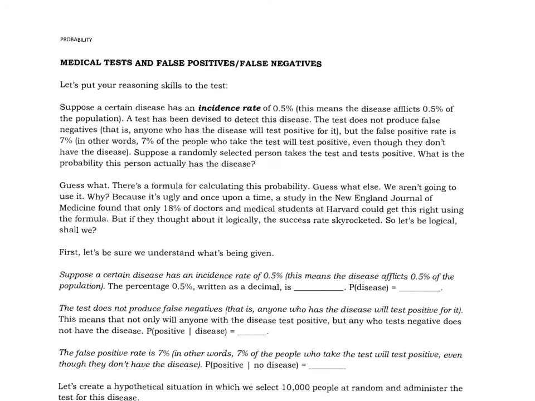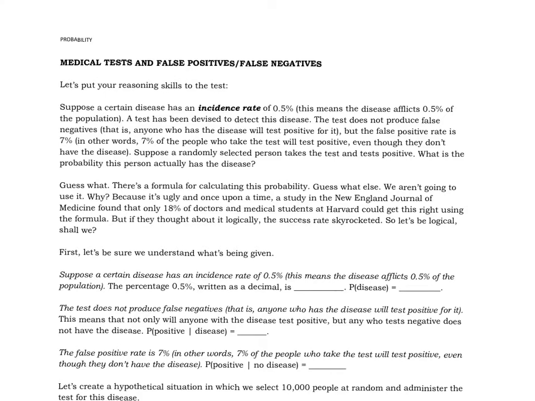Medical tests and false positives and false negatives. So we're going to put some of our reasoning skills to the test. Suppose a certain disease has an incidence rate of 0.5%. That means that the disease afflicts 0.5% of the population. A test has been devised to detect the disease. The test does not produce false negatives.